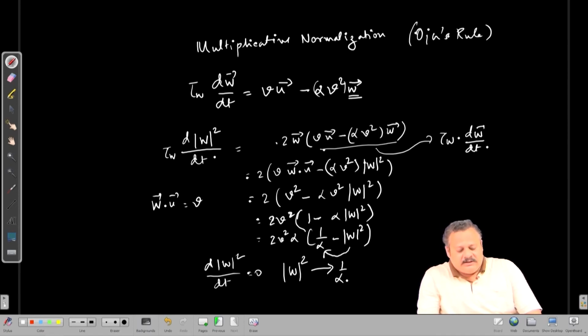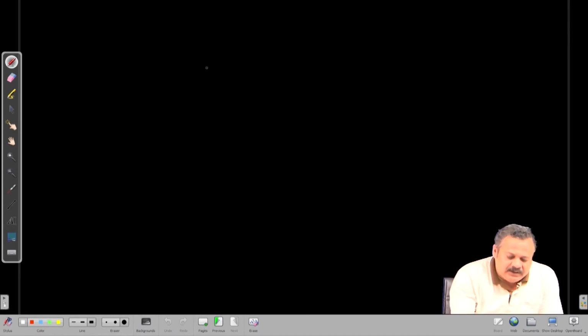So, for us the main rule turns out to be essentially the STDP based learning rule, and that we will say will be represented by, in this case, tau w then dw dt.